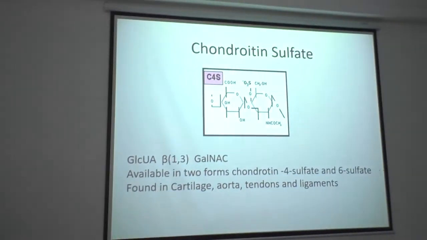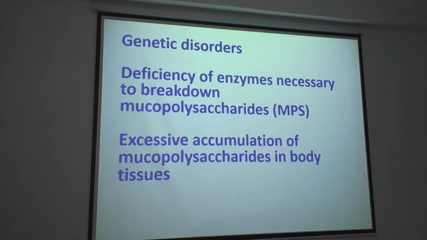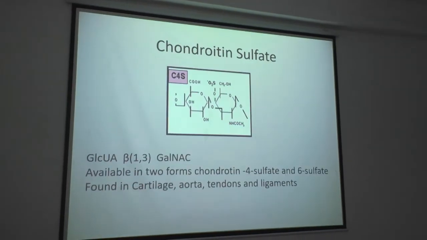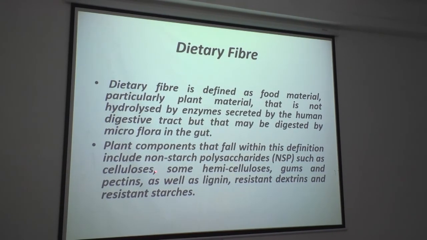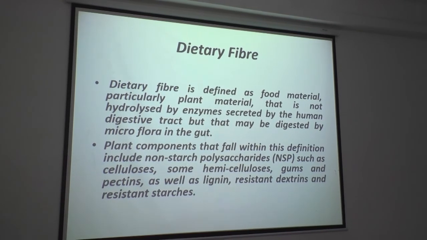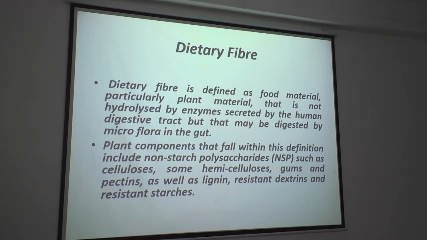Dietary fiber. What is dietary fiber? NSP, non-starch polysaccharide.